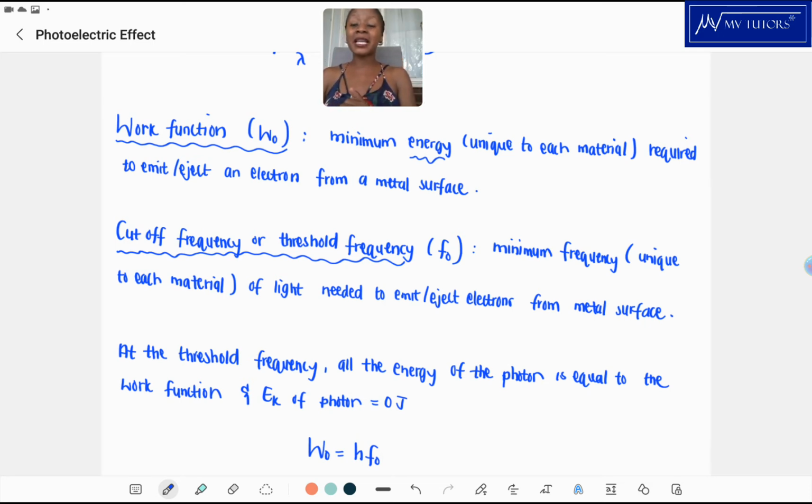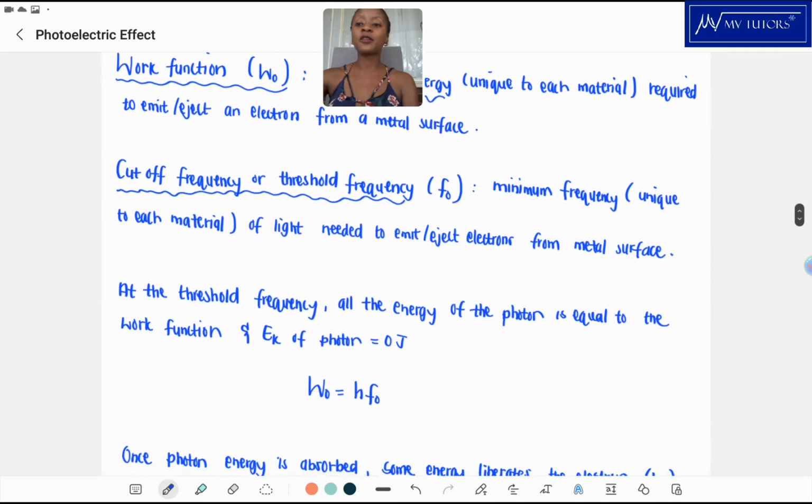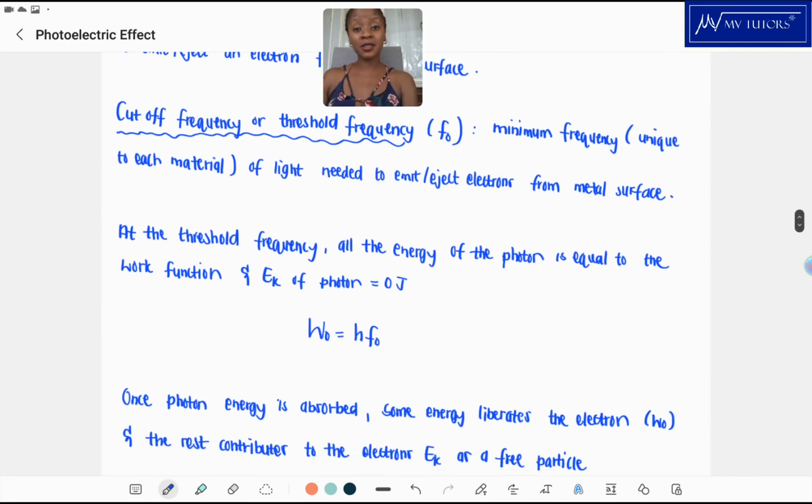So therefore we say that at the threshold frequency, all the energy of the photon is equal to the work function, the minimum energy. And the kinetic energy is 0 joules at that point in time because it hasn't started moving yet. It just woke up from rest. And therefore we have our equation where the work function is Planck's constant times the threshold or cut-off frequency.